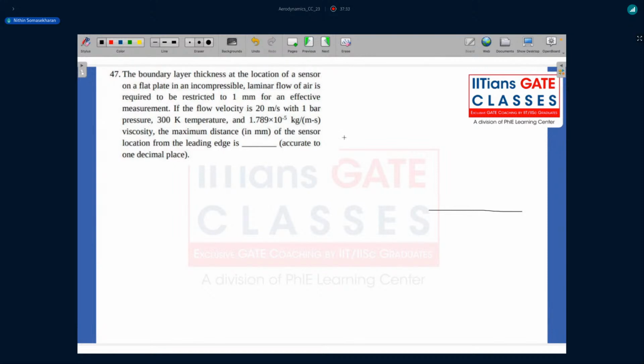The condition for the sensor is that for it to work properly, the boundary layer thickness at that location, wherever it is kept, should be less than 1 mm. All right, so imagine this is your boundary layer growth, and let's say this is the location where my delta is around 1 mm.